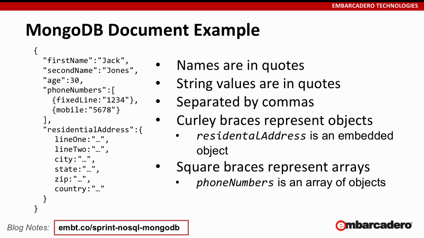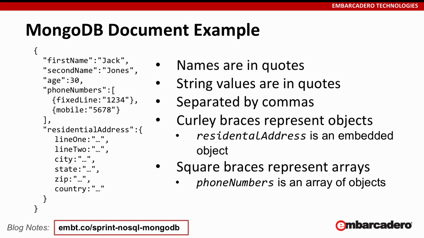So what exactly is a MongoDB document? Here's an example of a document. First of all, this is in JSON. There are some subtle variations between JSON and BSON, besides the fact that internally MongoDB stores the BSON in binary format instead of in a text representation like we see here. You'll notice the names are in quotes, the string values are in quotes, whereas numerical values are not, and everything's separated by commas.